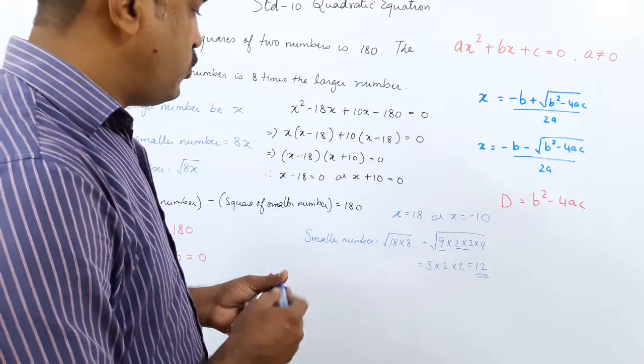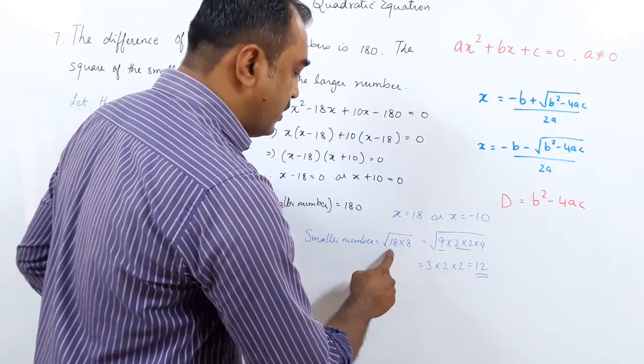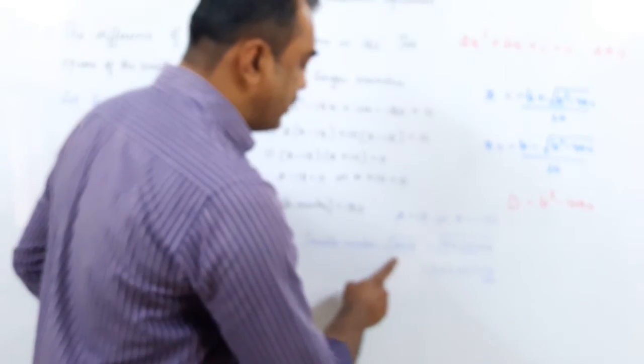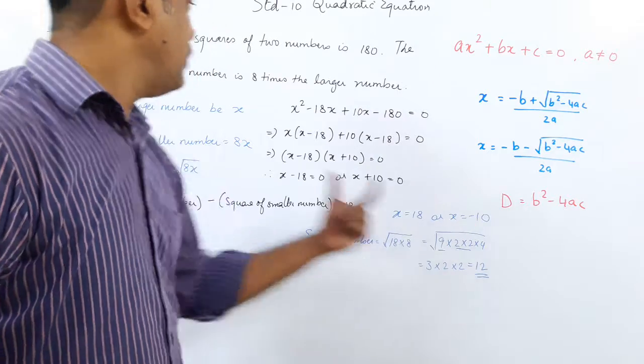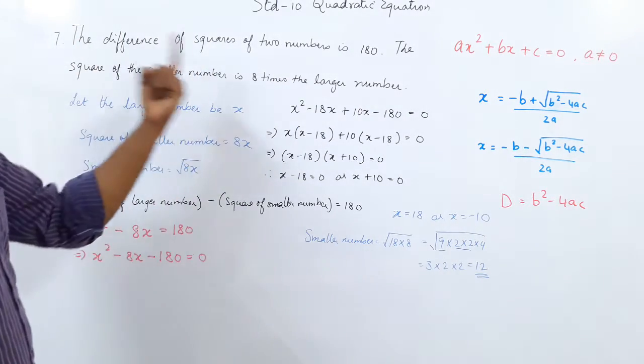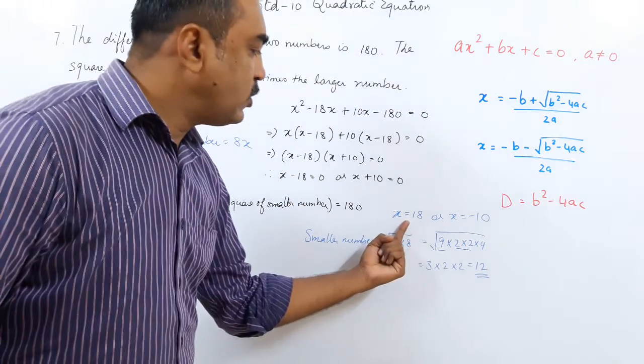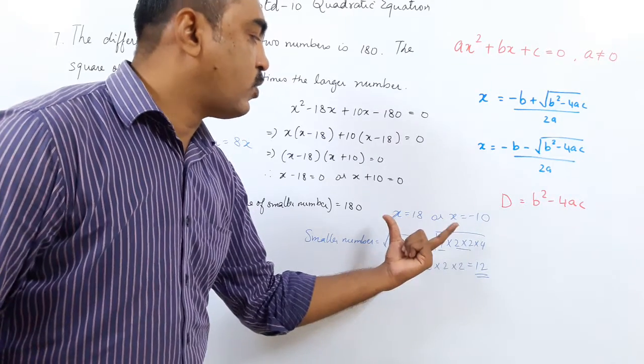Now if I put minus 10 here, then minus 10 into 8 will give me minus 80. But minus 80 will not have a square root, so I am leaving out the minus 10. Here the numbers are not specified, so I could take x equal to 18 or x equal to minus 10, both are possible.